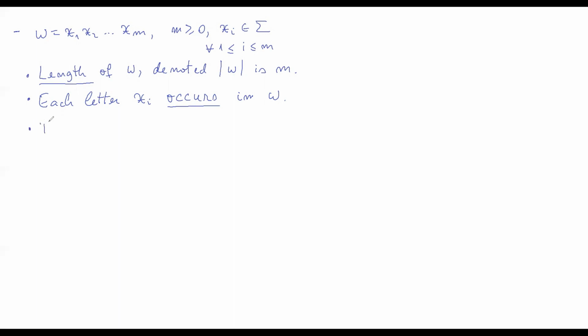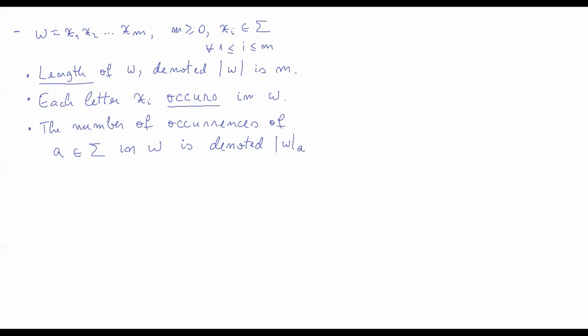So the number of occurrences of some letter A from sigma in W is denoted like this. You have W in between vertical bars, and then we indicate by A, meaning that we are just counting how many A's you have in word W.